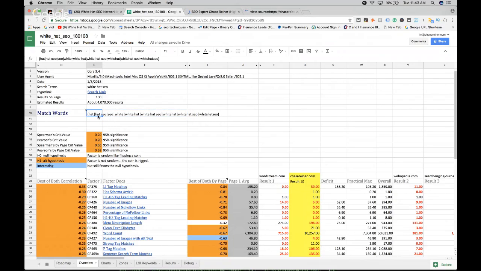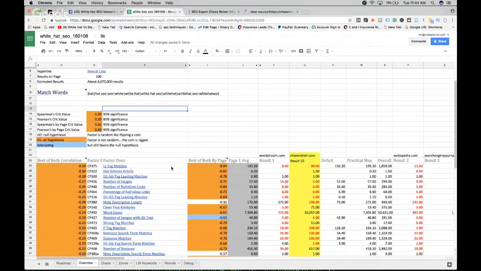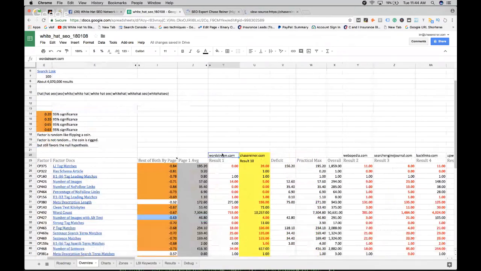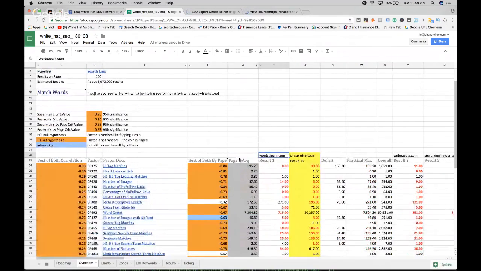So you'd want to go look at your competitors and see what they're doing to get that number. A lot of them, if we look, so this is the deficit, right? It's going against the page one average.